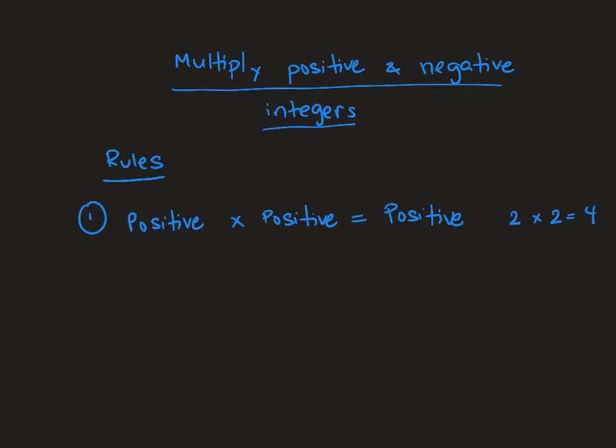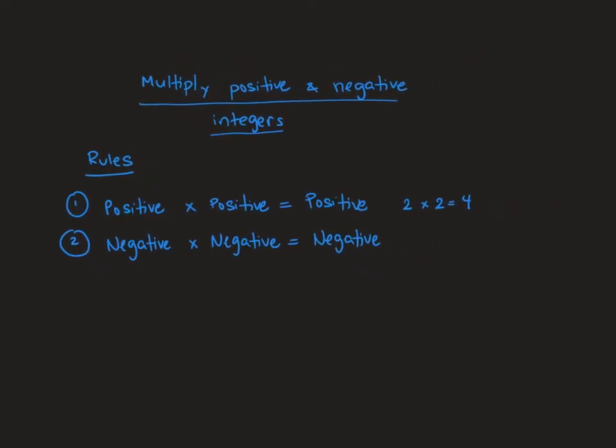Great. Next rule. Here's where it gets interesting. Now, these rules are different from adding and subtracting positive and negatives. Really important. This is all new material. A negative times a negative number or integer equals a negative answer, okay? And I'm going to write the example next to it.